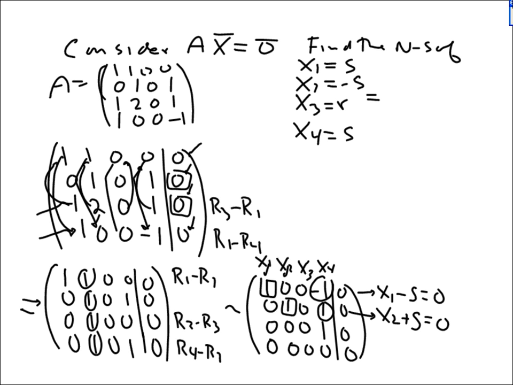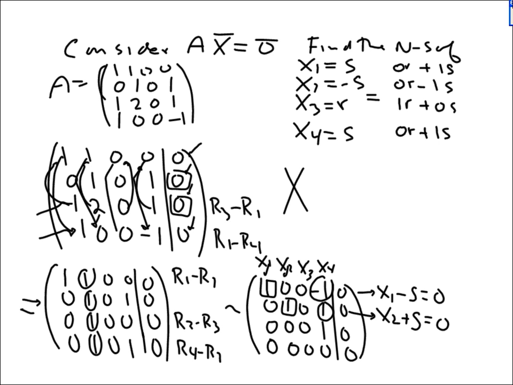This is the same as x1 is no r's plus 1 s, x2 is 0 r's minus 1 s, x3 is 1 r plus no s's, and x4 is no r's plus 1 s.